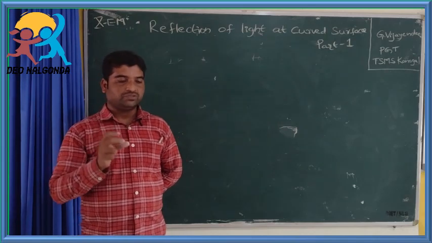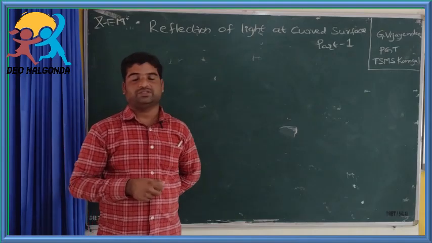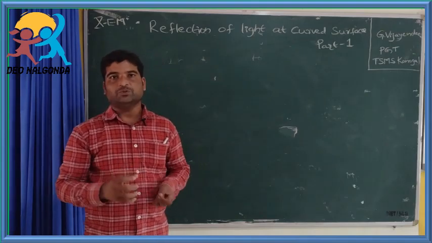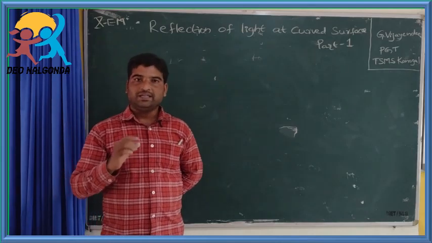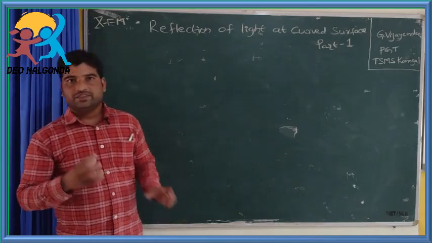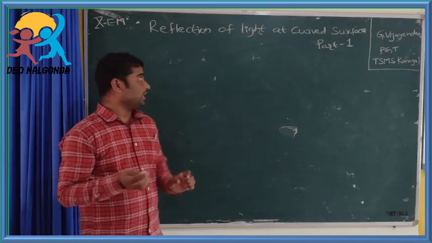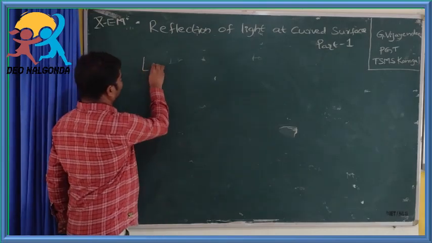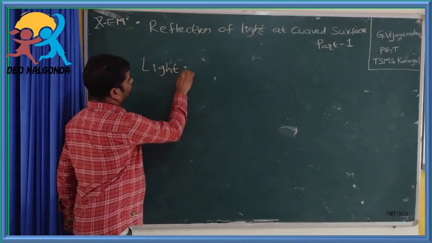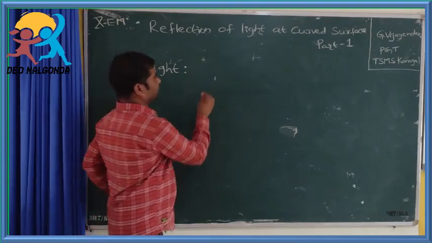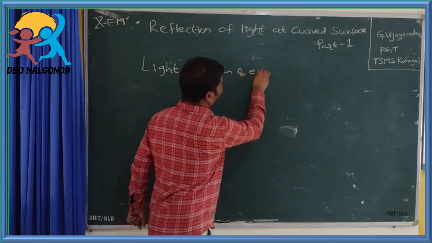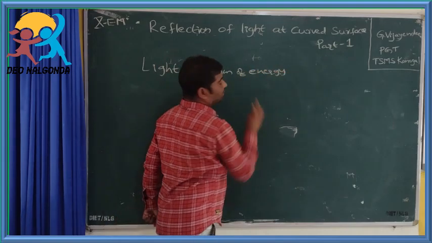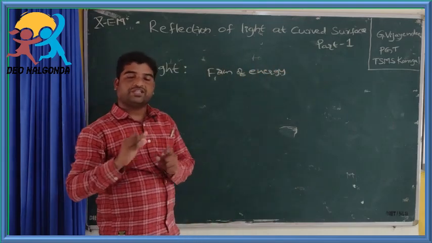Light must reflect from the object. Light is making us see the object, or light is creating the sensation of sight. So the definition of light: light is a form of energy which creates the sensation of sight.